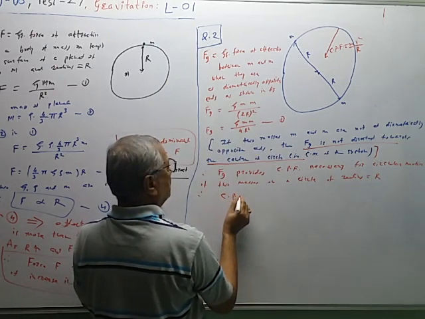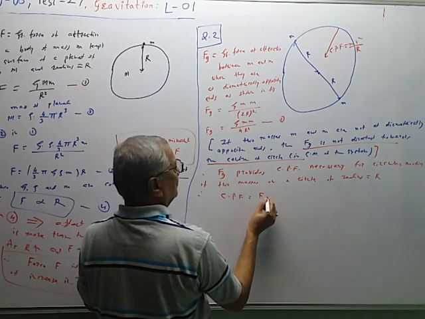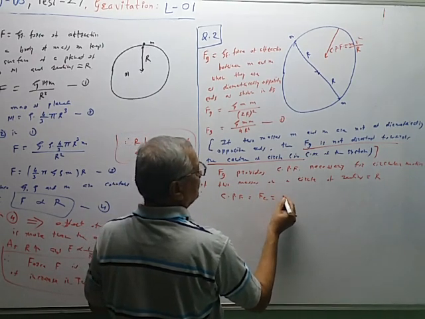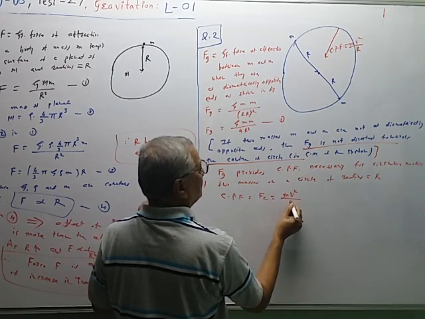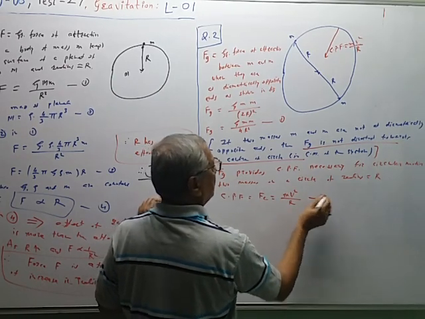Therefore, centripetal force Fc is equal to m v square upon r. This is equation second.